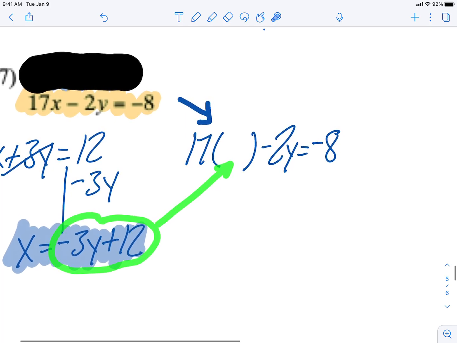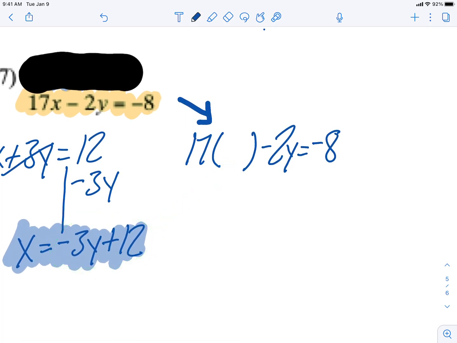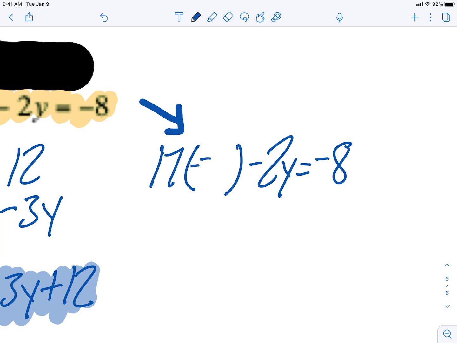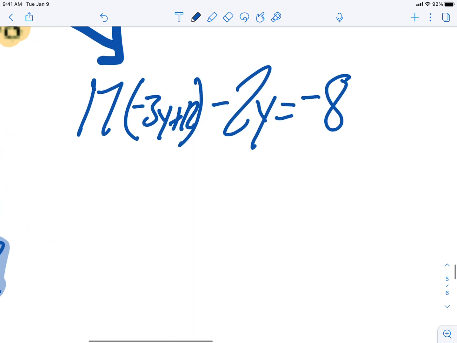So negative 3y plus 12 goes right in there. 17 times negative 3 is a negative 51y. 17 times 12, sorry everybody, I'm using my calculator here, is 204.